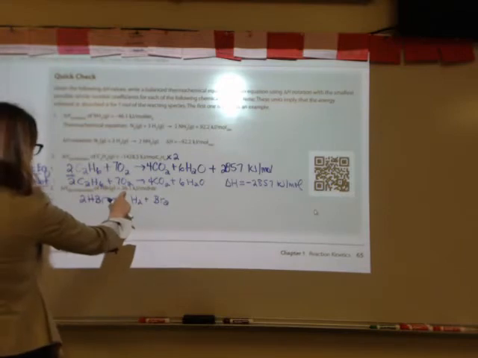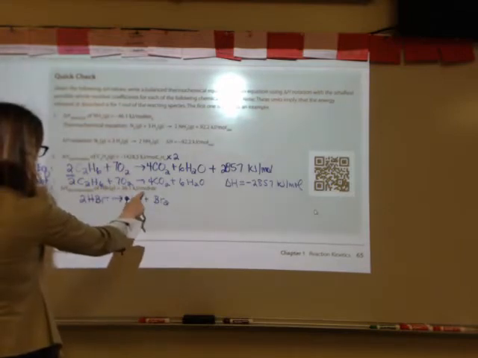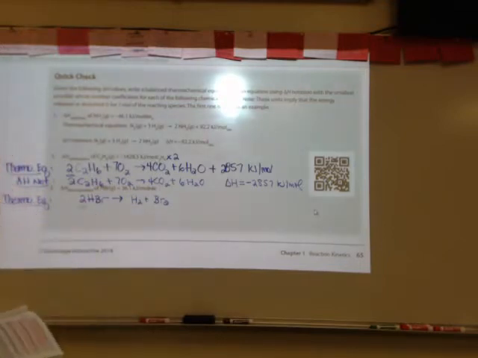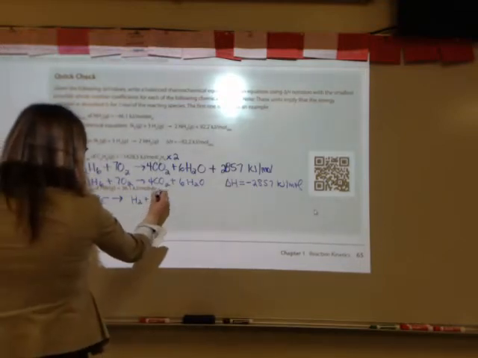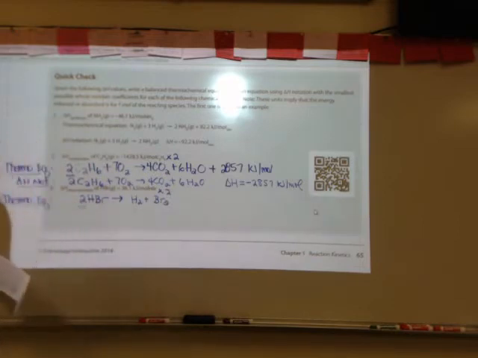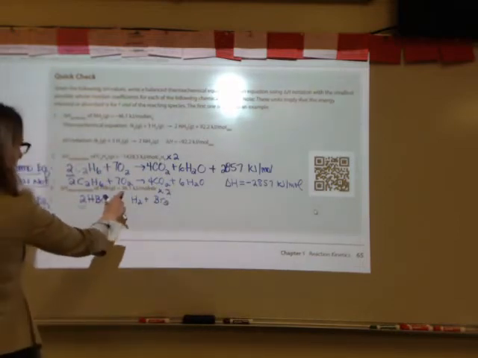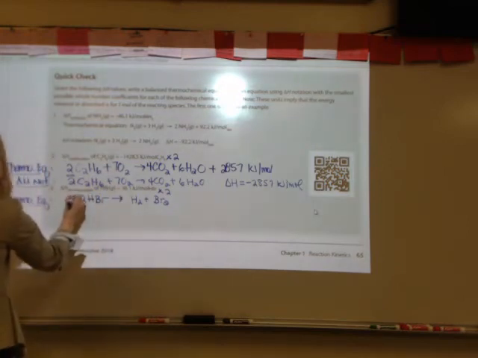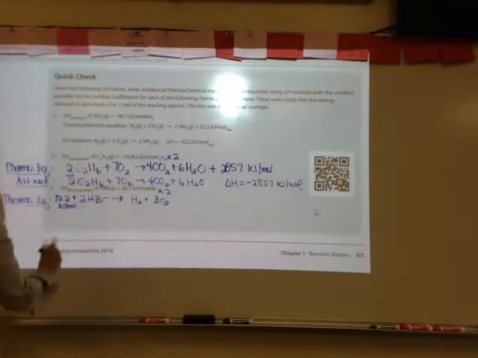So here my HBr is 36.1 kilojoules per 1 mole of HBr. The coefficient in front of HBr is a 2. So you need to multiply 36.1 by 2, which will give you 72.2. Since this is a positive value, that means this is endothermic, so I'm going to go ahead and stick this in here, 72.2 kilojoules per mole on the reactant side.